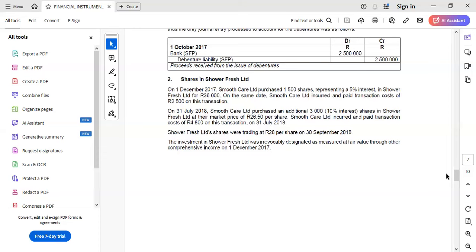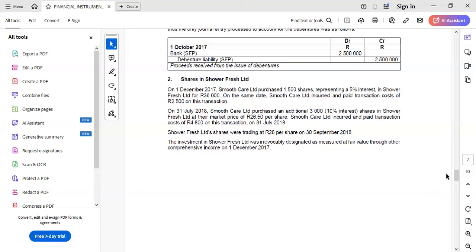On the same date, Smooth Care Limited incurred and paid transaction costs of 2,500 on this transaction. On 31 July 2018, Smooth Care Limited purchased an additional 3,000 shares, a 10% interest in Shower Fresh Limited, at their market price of 26 Rand 50 per share.